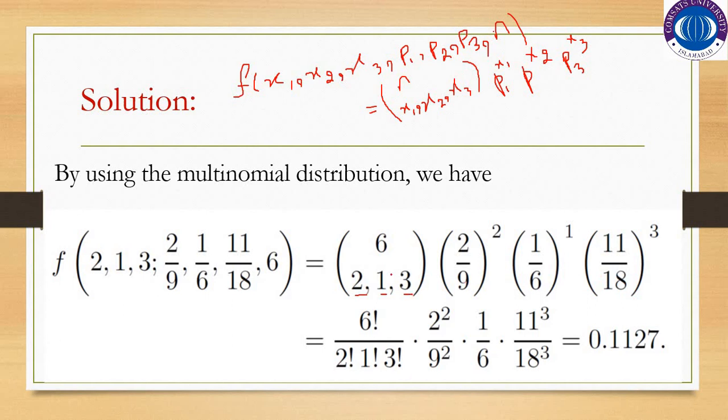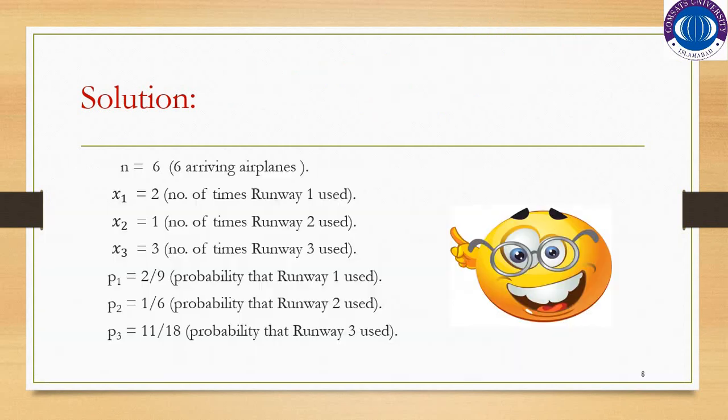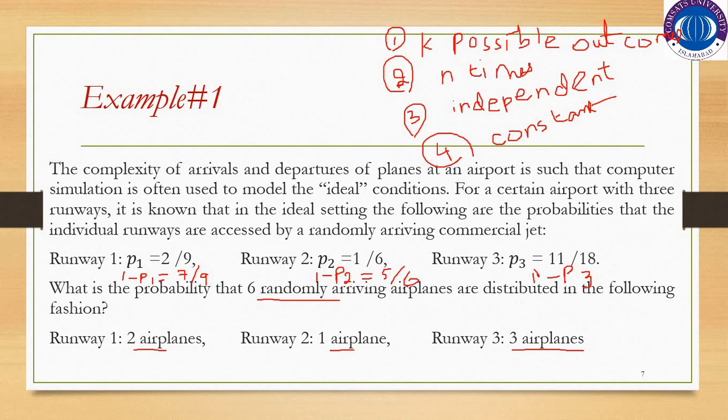By solving this, how will you open this 6 choose 2, 1, and 3? It will open like this: 6 factorial over 2 factorial, 1 factorial, and 3 factorial. By solving all this, you will get 0.1127. This is the probability that 6 randomly arriving airplanes are distributed in this fashion.